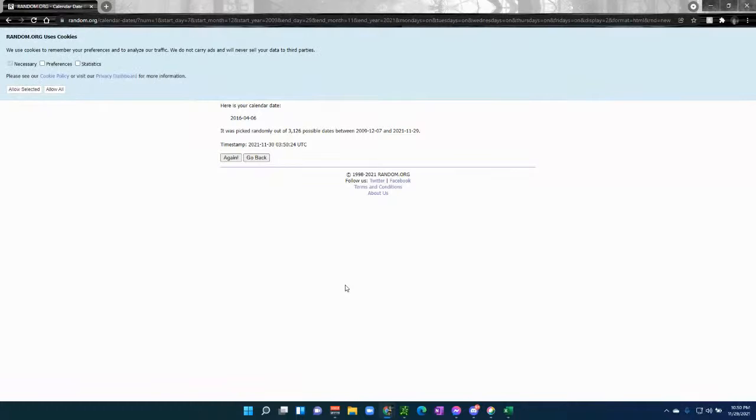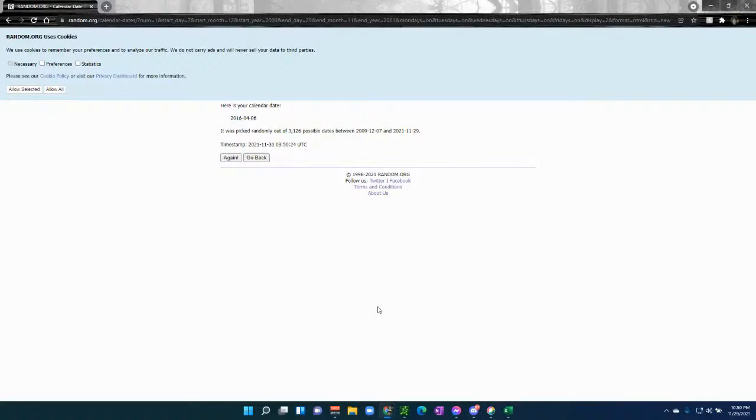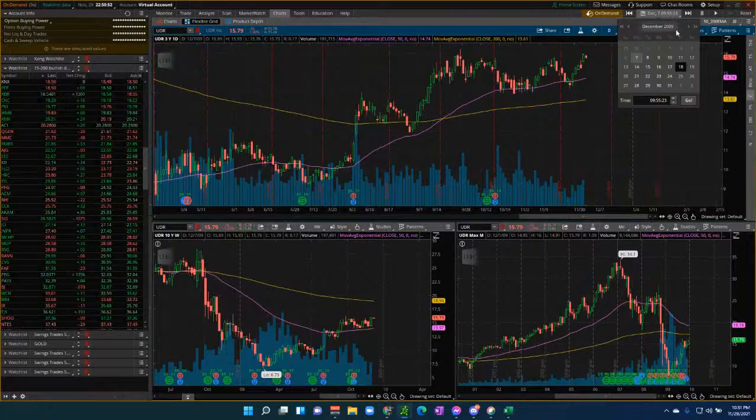I'm still going to use my handy dandy Excel sheet to do my risk management, to help calculate how many shares to buy, sell, or hold, and where to sell if I want to sell. The random date that I got is the 6th of April 2016. So let's hop to that.